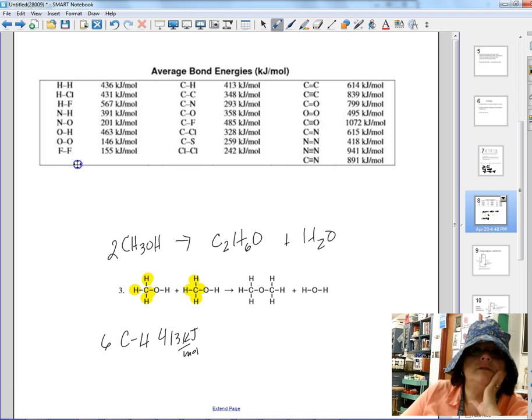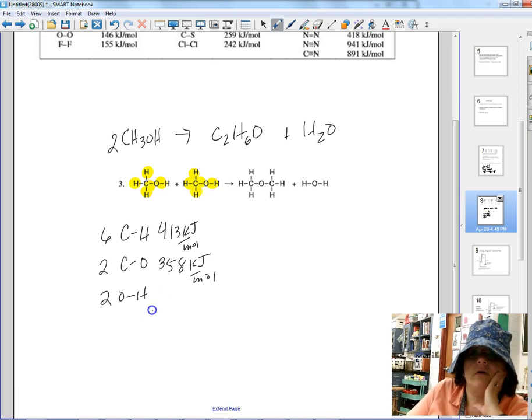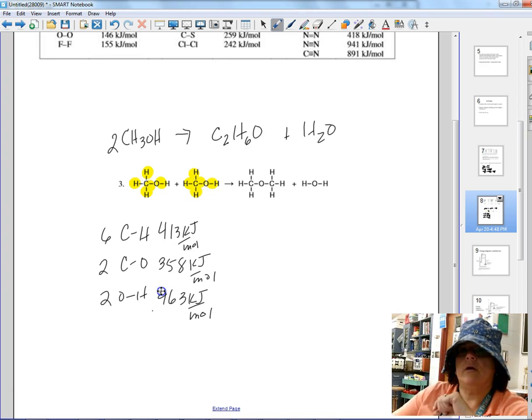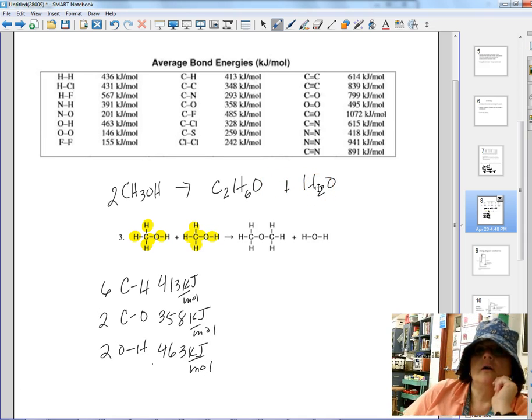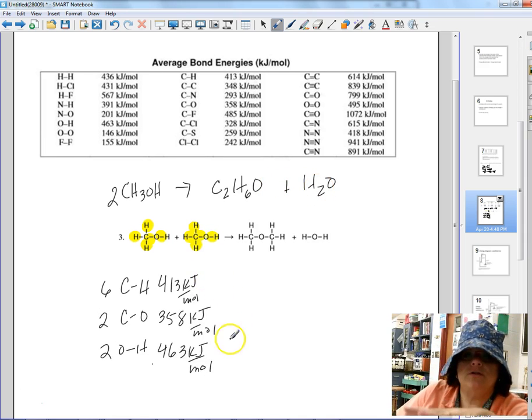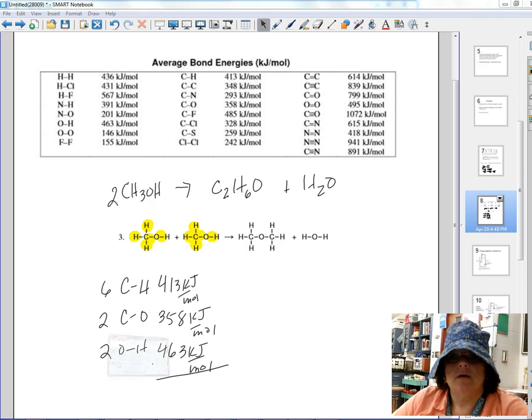So we look up here, CO, 358. We have an OH. OH is 463. I'm going to move that down a little bit so I don't have to go back and forth so much. These three we're going to add up, and we'll get the total energy to break those bonds.